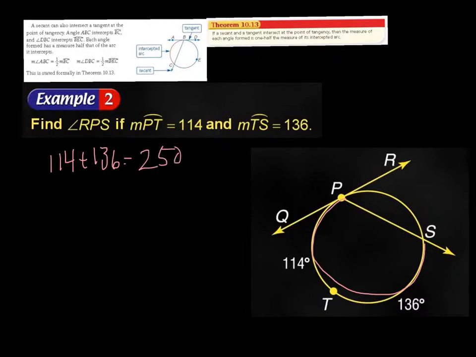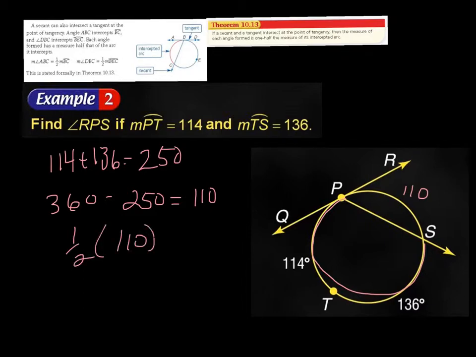To get the minor arc we're interested in, PS, we take 360 minus 250, which is 110. Now, it's kind of an inscribed angle, so I take 1/2 of 110, which is 55 degrees.